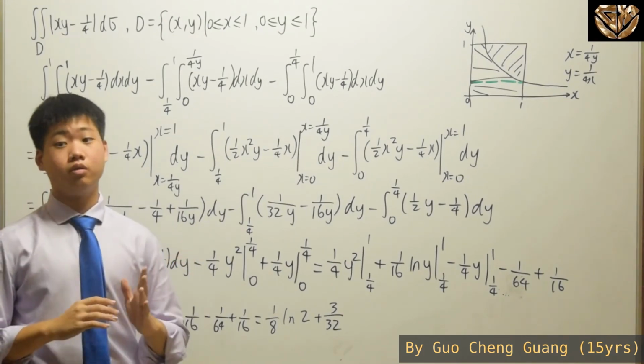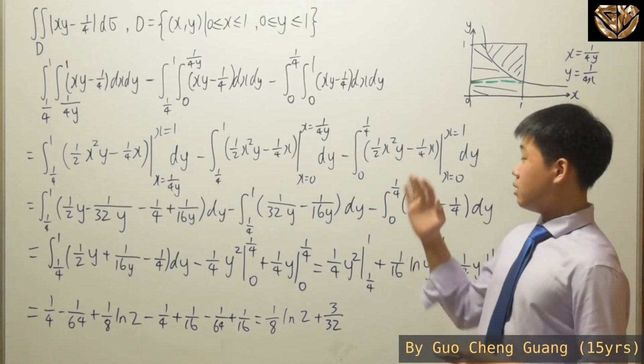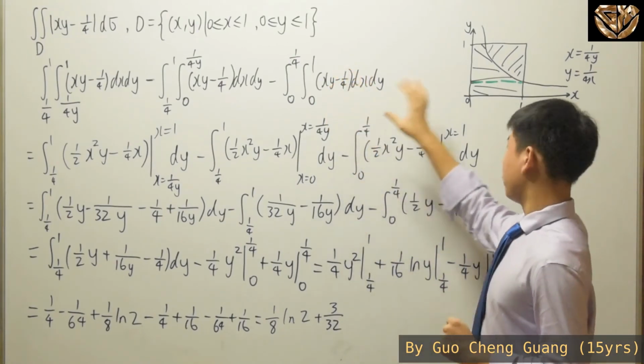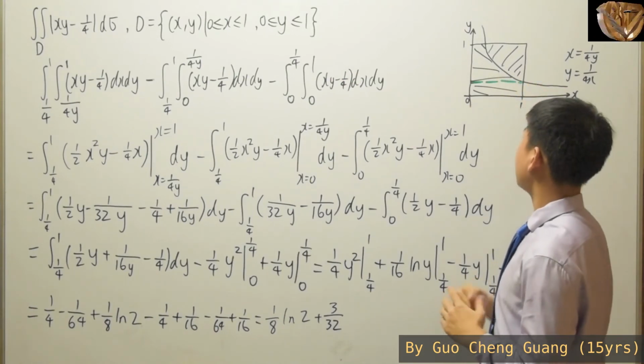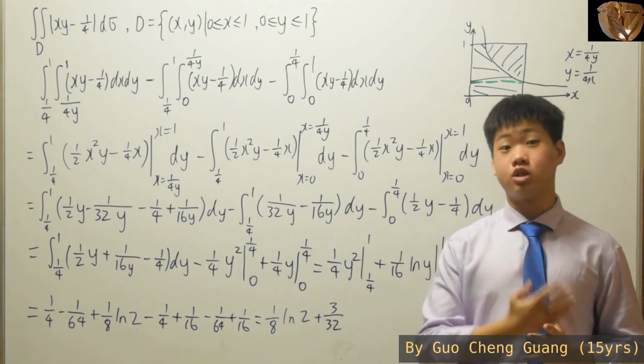So let's break it down step by step, right? In the beginning, you draw out whatever region it could seem like. And in this case, you do have pretty much a square.